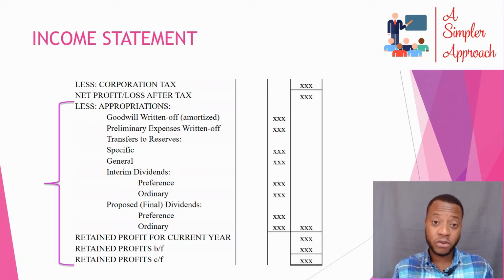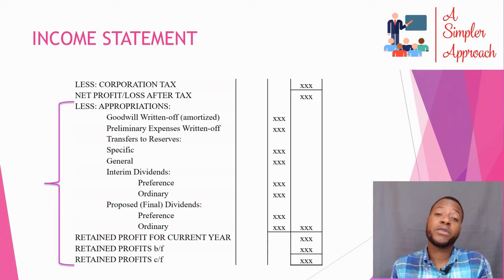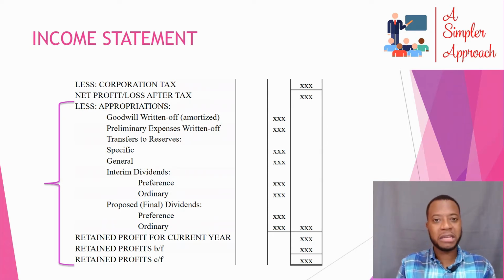So it's either proposed, either the director said, okay, we're going to give ordinary shareholders X amount, or we're going to give preference shareholders X amount. Okay, that decision was taken. So that will be proposed. We are going to give them at X time. Okay, or if it is final, it means that it's what's left of what they were supposed to get. So they have gotten a part during the year, and the rest they are supposed to get.